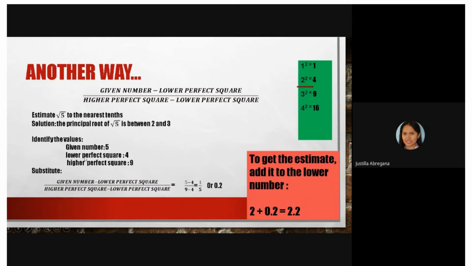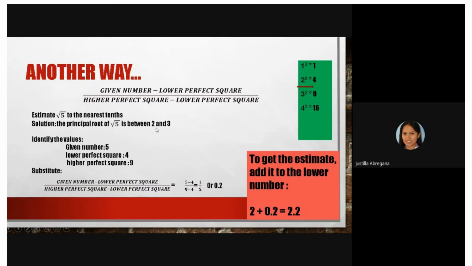We'll substitute. The given number is 5 minus the lower perfect square, 4, over the higher perfect square, 9, minus the lower perfect square, 4. So we have here 5 minus 4 is 1, 9 minus 4 is 5. We'll divide 1 divided by 5. That is just equal to 0.2.